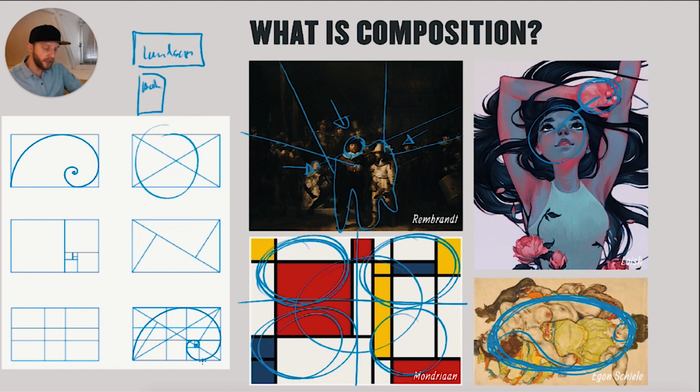If we look at all these images, you'll see that either the focal point is in the middle, or the focal point is a little bit off the center. So a little bit more to the right and bottom, or to the left top, or right top, or left bottom. Now these all can be used to arrange or design your image and make an appealing composition.